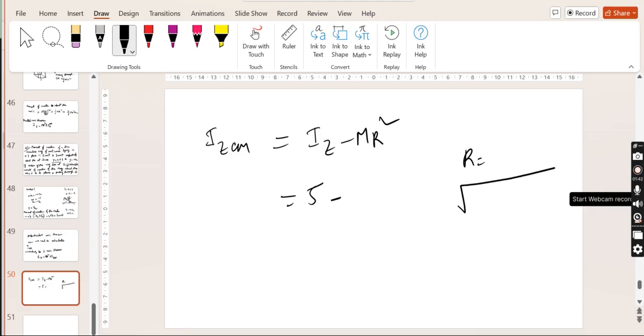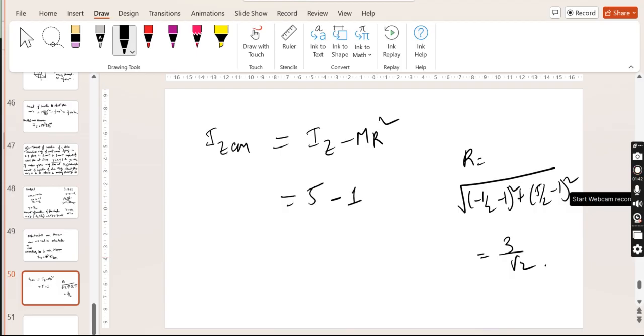We need to measure the distance from its center, so that is the square root of minus half minus 1 whole square plus 5 by 2 minus 1 whole square. That will be 3 by root 2.